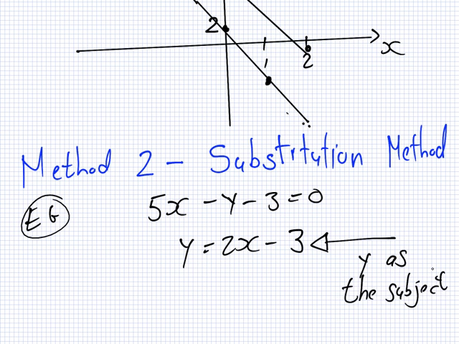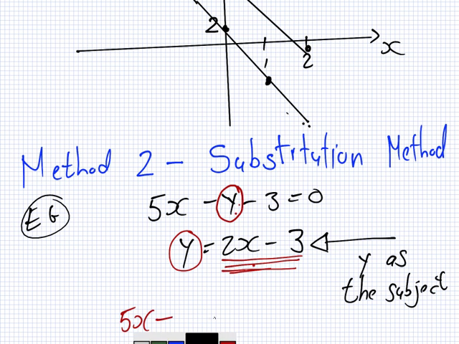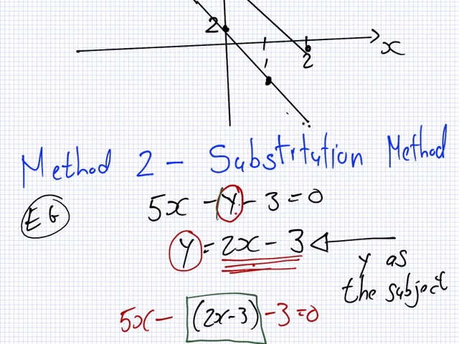So in the other equation, you replace the y with this, because this equals y. So in the first one, the y can be replaced by this. So you get 5x minus y, which is 2x minus 3 equals 0. Can you see, this is now the y. It's been substituted, it's been replaced.